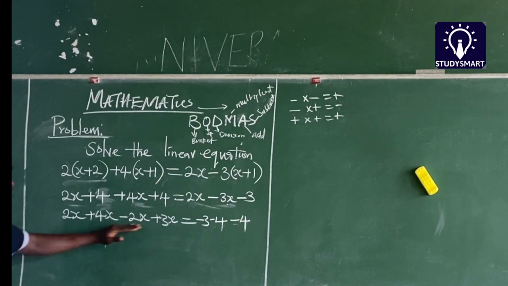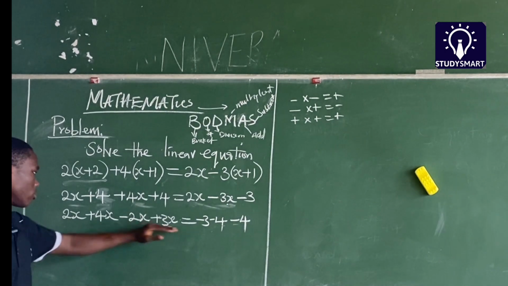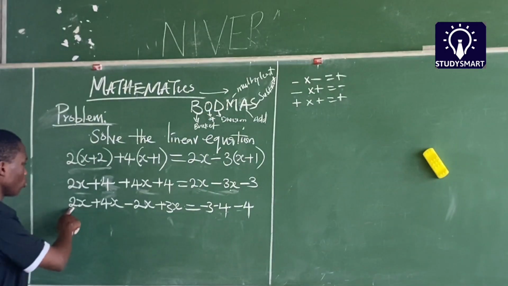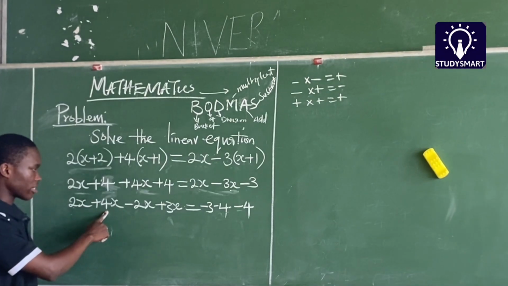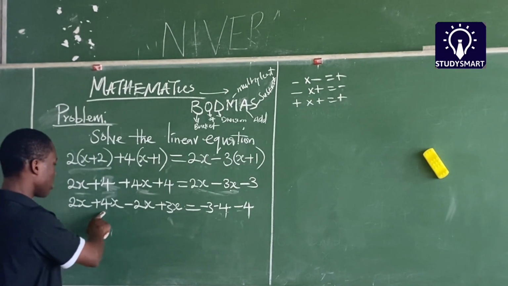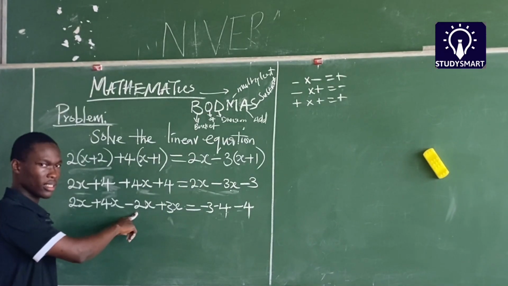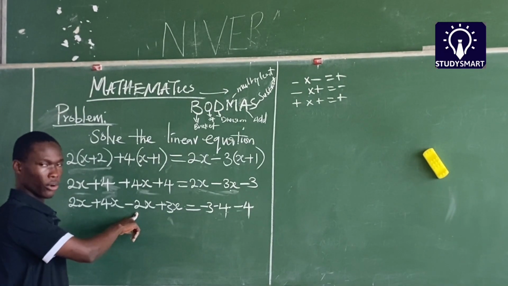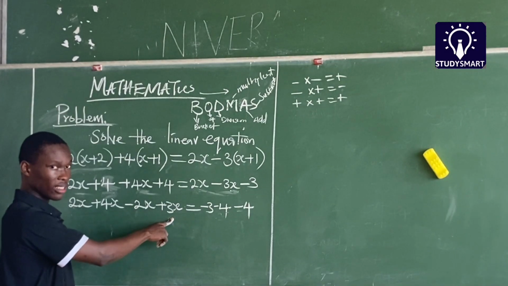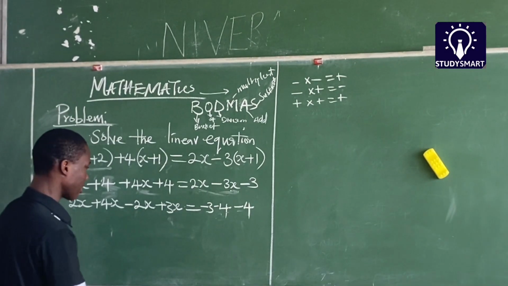So we are going to sum up. We are going to calculate this and also calculate this. This is 2x plus 4x here. It's going to give us 6x. And then 6x minus 2x is going to give us 4x. And 4x plus 3x here is going to give us 7x.